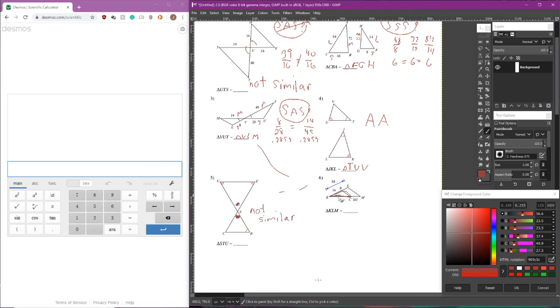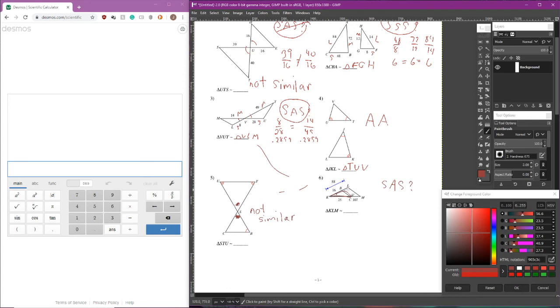Maybe they are and maybe they aren't. We do know that K is the same in both triangles. So we might have a side angle side situation here because we've got side lengths and an angle that's the same and then some more side lengths. But remember, you better put a question mark up here because you haven't proved that those sides are proportional yet.